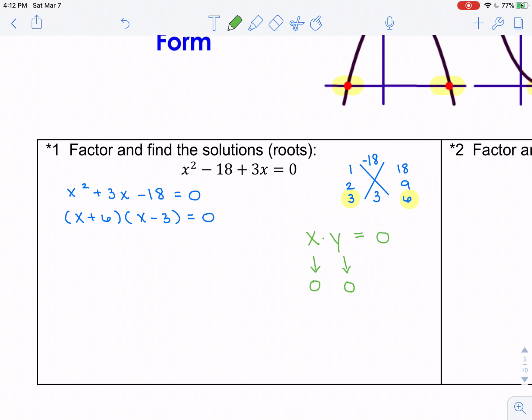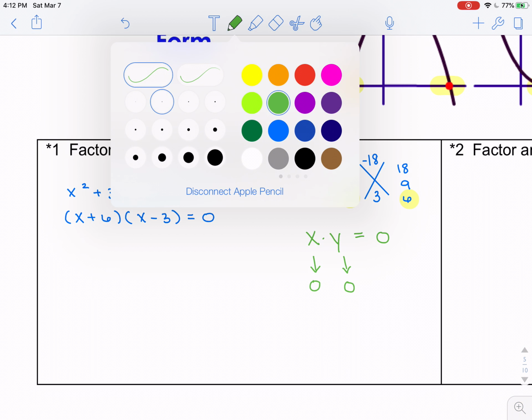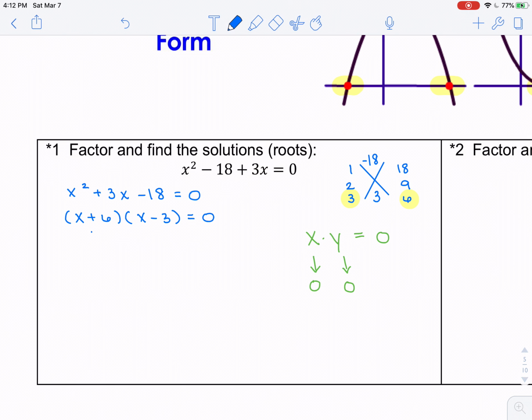So from this product property, we're going to pull in our factors and set each of them equal to 0. X plus 6 equals 0. X minus 3 equals 0. Okay, and then I will solve each of those equations down here.